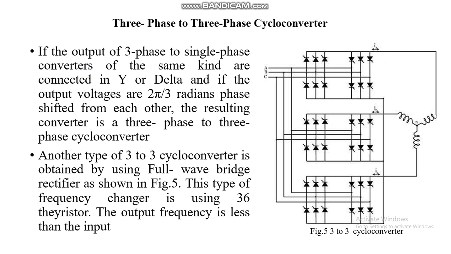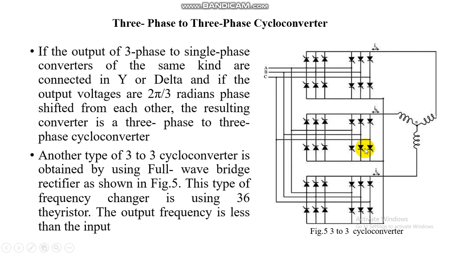When we see the 3-phase to 3-phase cycloconverter, it's like a M type midpoint type cycloconverter, and you can see if the output of 3-phase to single phase converters of the same kind are connected in delta, and if the output voltages are 2 pi upon 3 radians phase shifted from each other, the resulting converter is a 3-phase to 3-phase cycloconverter.